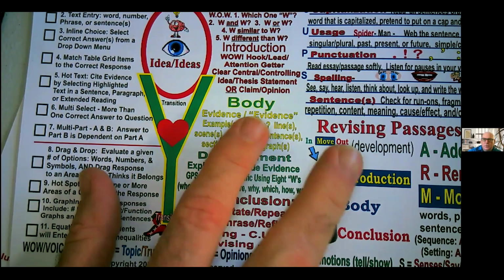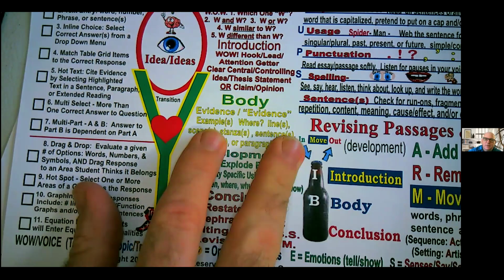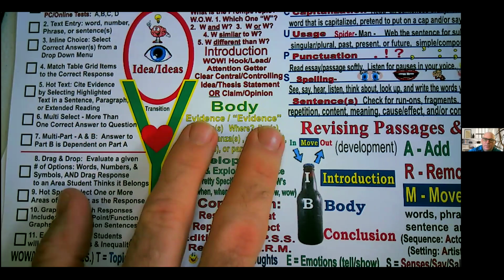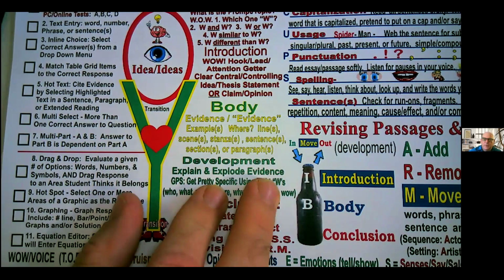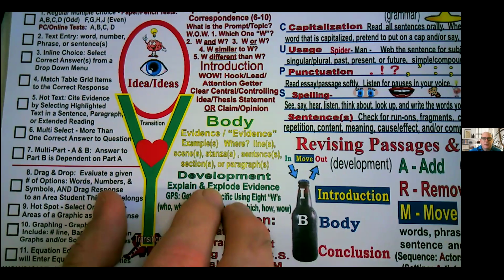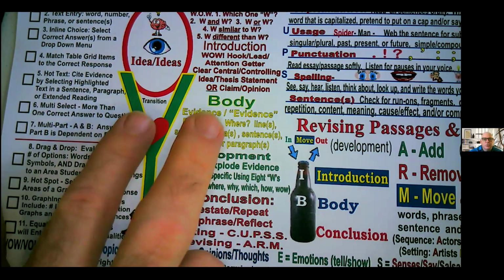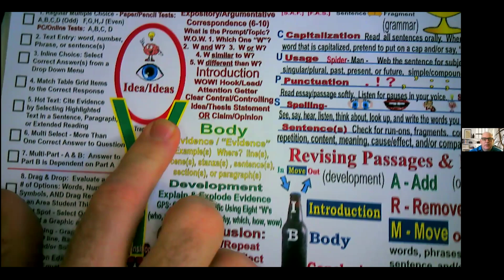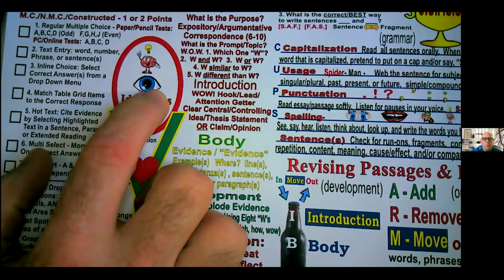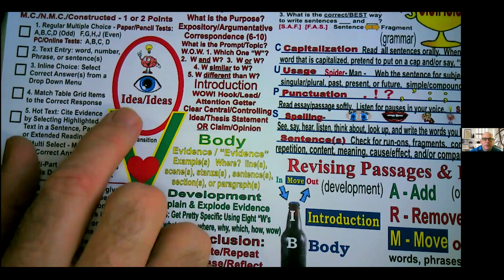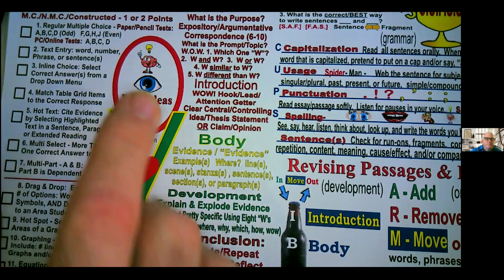Okay. And so if we say this, each evidence example explained and exploded, here's the explain and the explode part. So you can see this why in the body of a human. Why did you choose that idea or that opinion in your brain about the topic?